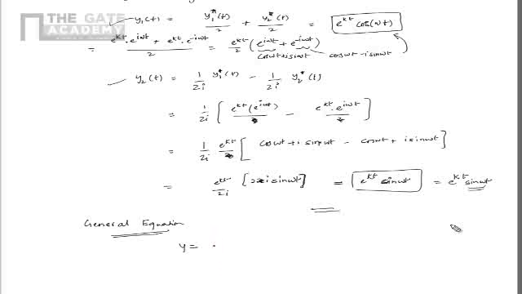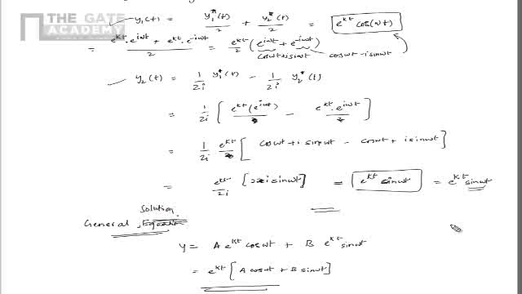So I can write a e power kt cos omega t plus b e power kt sin omega t, and you can simplify with e power kt common: e power kt times a cos omega t plus b sin omega t. So this is the case 3 general solution. It is better to call it the general solution rather than equation.